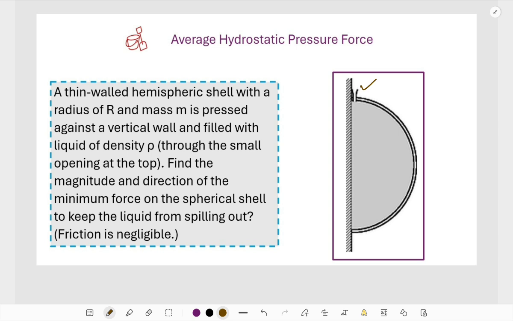You can see a problem on your screen, and something about hydrostatic pressure force is being asked.